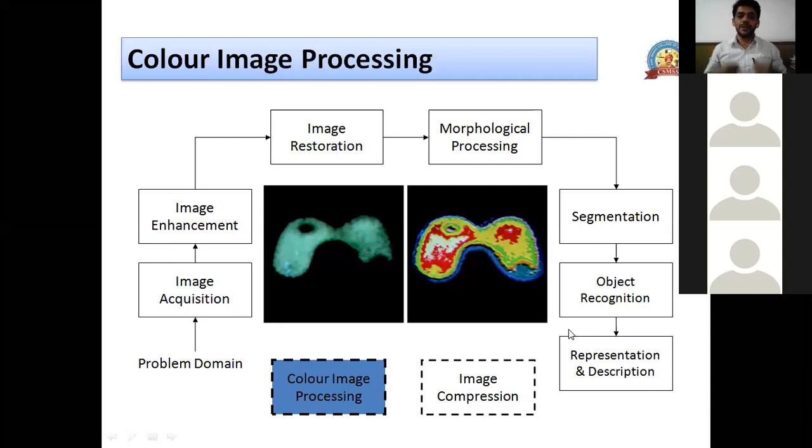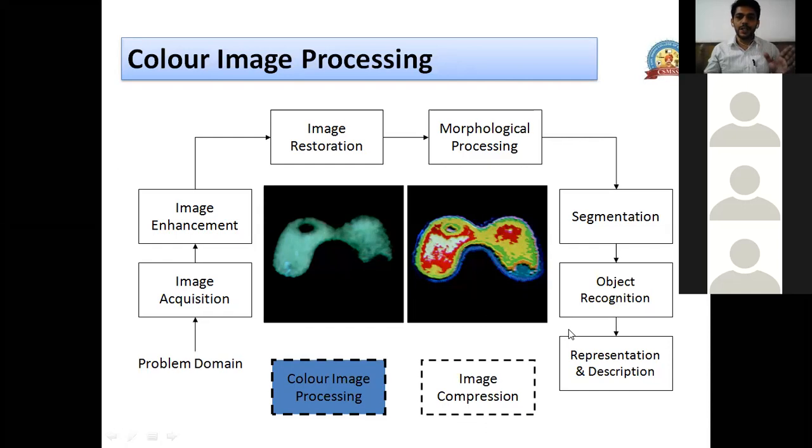Now if we talk about our phone cameras, these phone cameras nowadays come with around 2 megapixel, 4 megapixel, sometimes even 32 megapixel. So a 2 megapixel camera has 2 into 10 power 6 pixels.